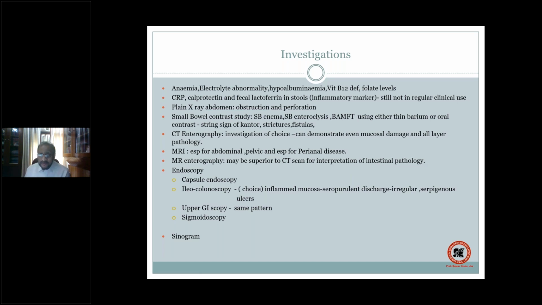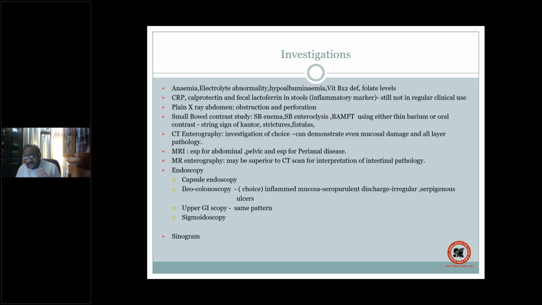So now it is a toss between CT enterography and MR enterography. There are instances where one may be better than the other. A simple MRI may be required in patients to demonstrate abdominal fistulization, pelvic, perianal disease. The MRI helps you in all these patients, right? Endoscopy again helps you in that it can take a biopsy.